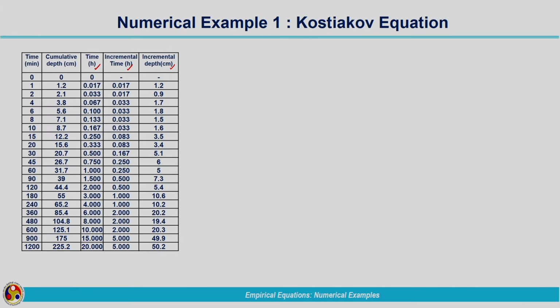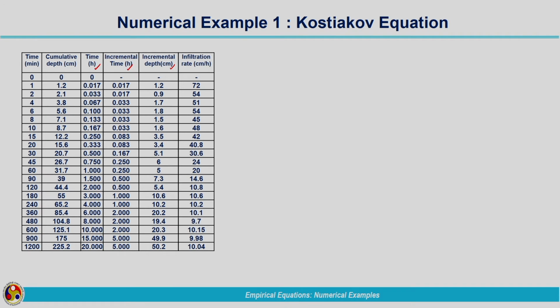If the incremental depth is given, you can directly use that. In case the cumulative infiltration depth is given, we need to find out the incremental depth. Once incremental depth is obtained, we can calculate the infiltration rate by dividing the incremental depth by the incremental time. So, we got the infiltration rate in centimeters per hour, which is listed in this column.